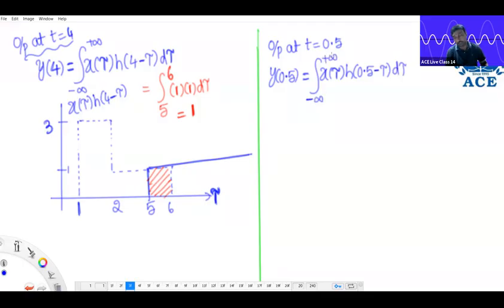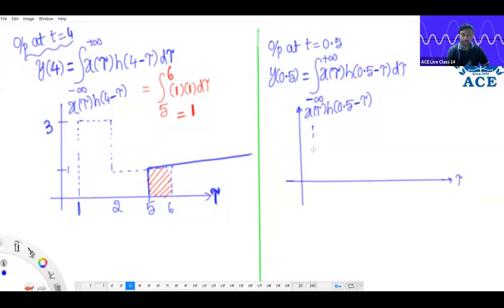Now we want x of tau into h of 0.5 minus tau. Again, the signal graph as it is, x of tau as it is.